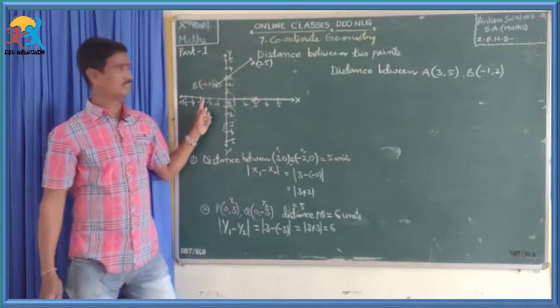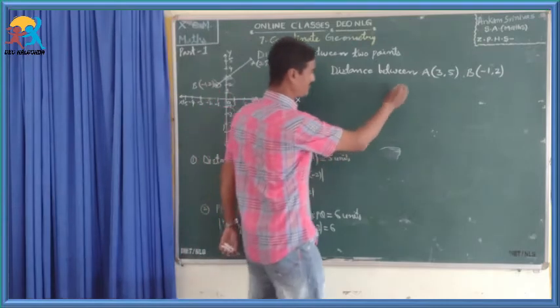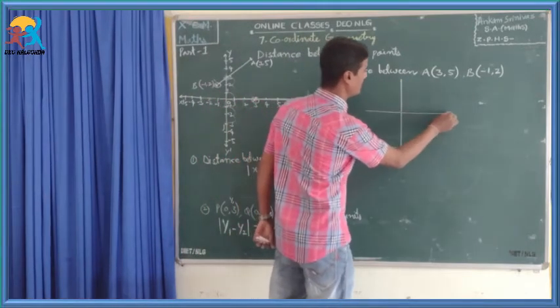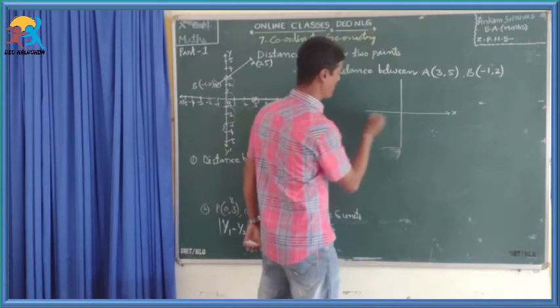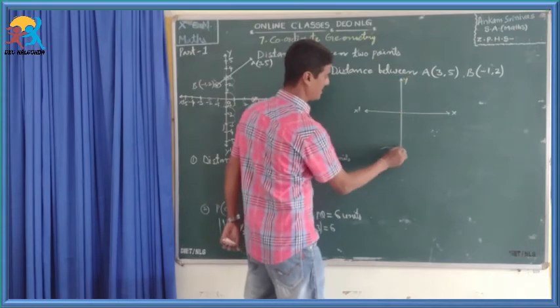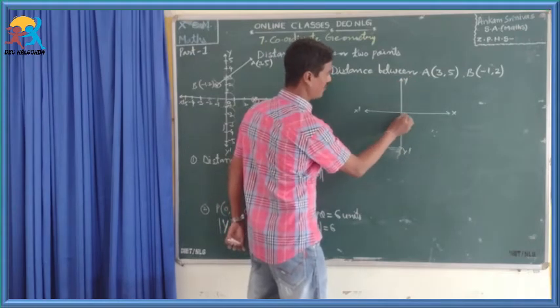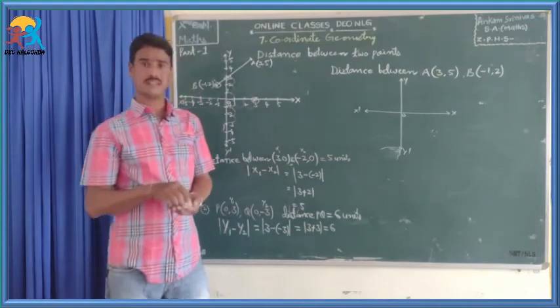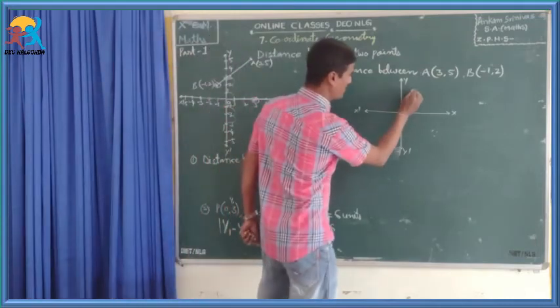Cartesian plane. Suppose you take the x-axis, this is the x-axis and this is x dash, this is the y-axis and this is y dash, and this is the origin. Now I am going to take any 2 points on the Cartesian plane.